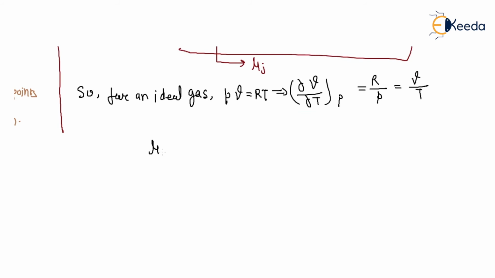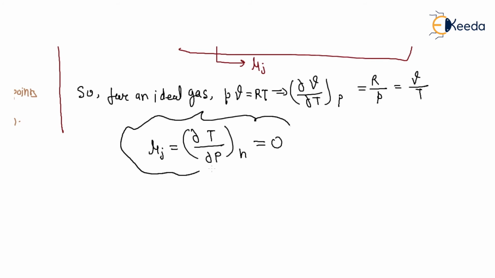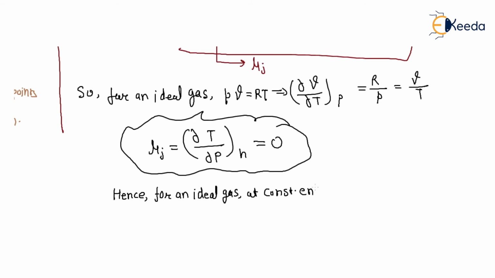So mu J, which is dou T over dou P at constant enthalpy, is equal to 0. Therefore, it is very obvious that for an ideal gas at constant enthalpy, there is no change in temperature with respect to pressure.